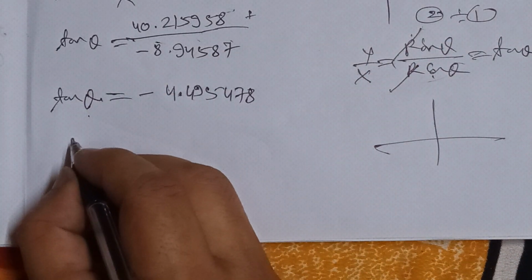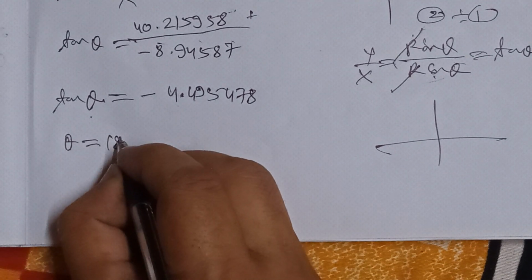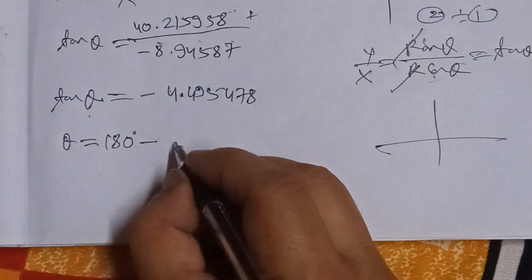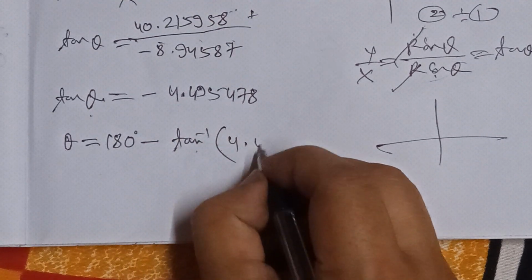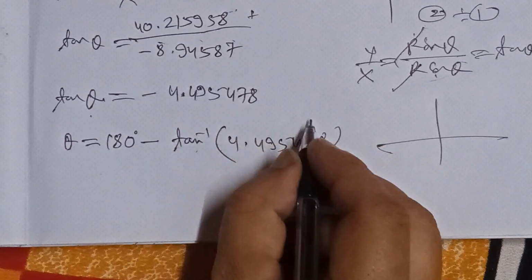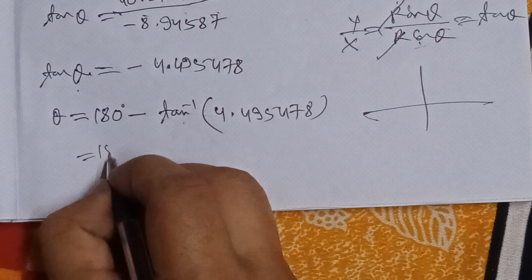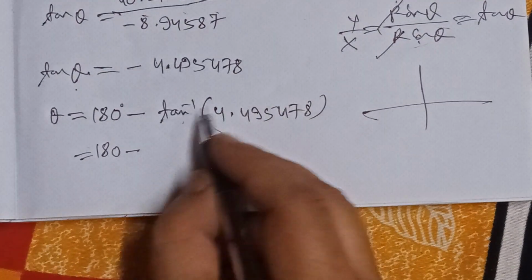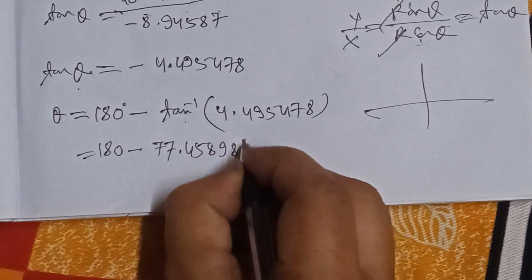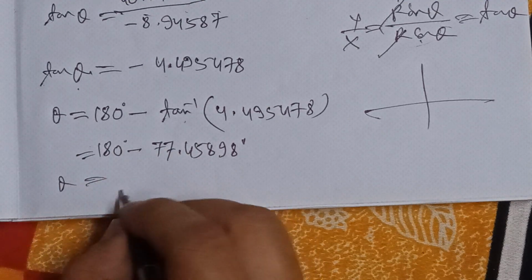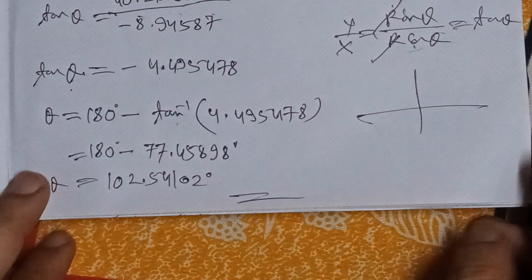So we find the value of theta by subtracting from 180 degree minus tan inverse of this value without the negative sign, 4.495478, and after calculating we get 77.45898. On subtracting it from 180 degree we get the result 102.5412 degree.